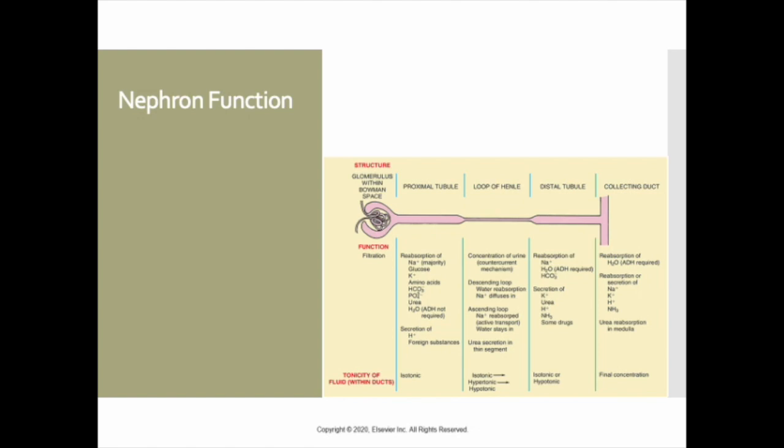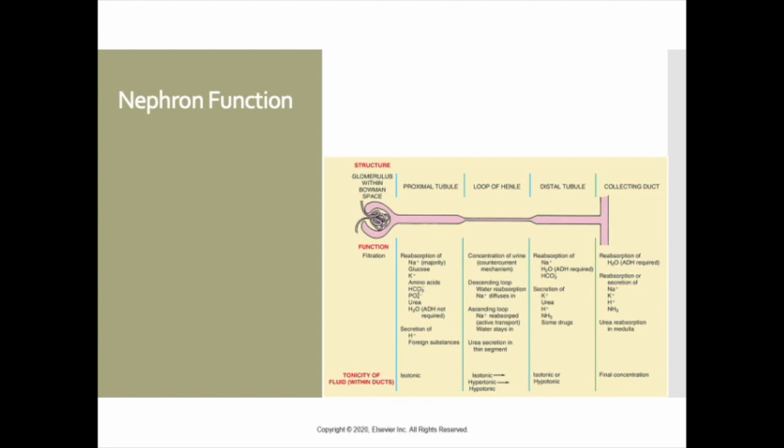Within the loop of Henle and the distal tubule, we are now going to have the concentration of urine. And urine can be either hypotonic, isotonic, or hypertonic. It really depends on the concentration of the urine or the dilution of the urine. And this is the principal mechanism within the loop of Henle.